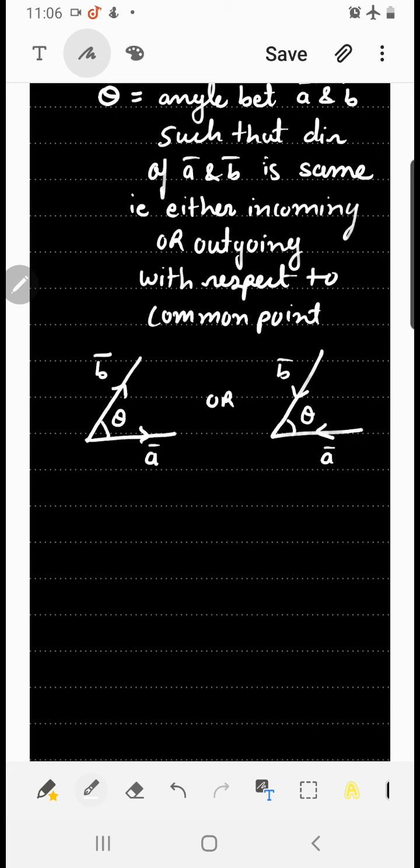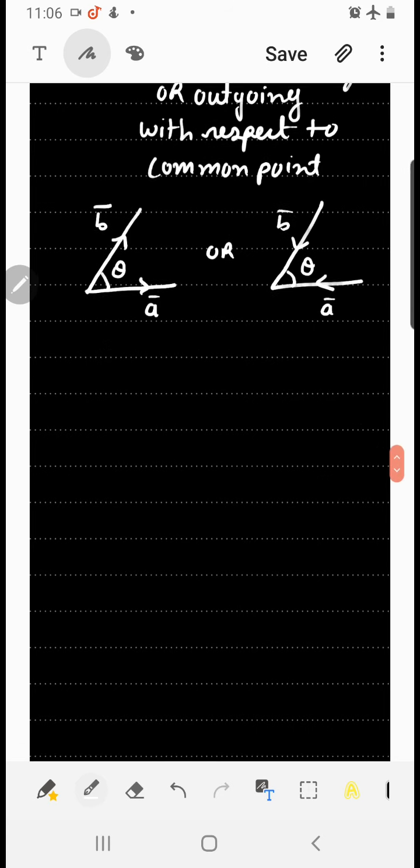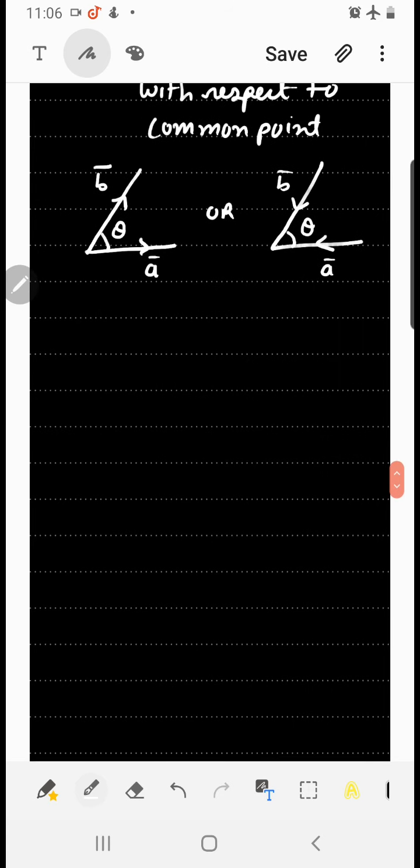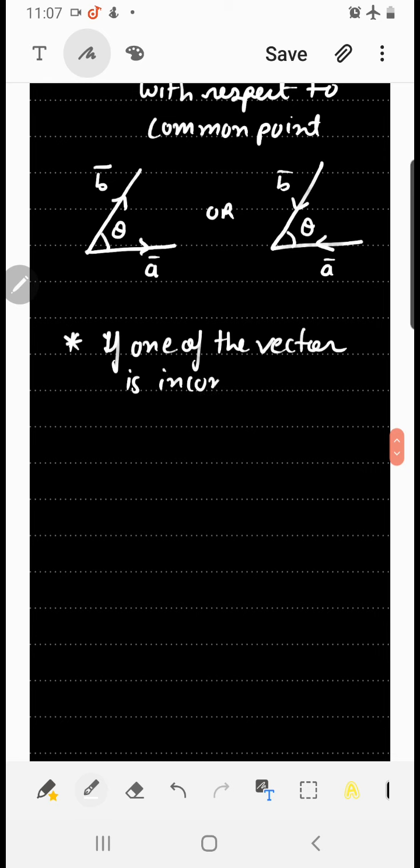Okay, so now obviously the next doubt has to be, sir, what if one is incoming and one is outgoing? So if one of the vectors is incoming and the other is outgoing, what to do in such a case?